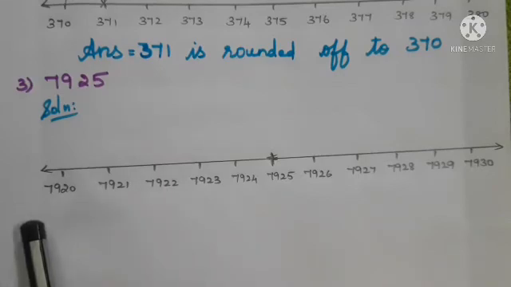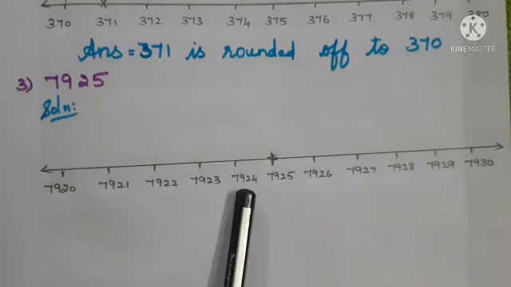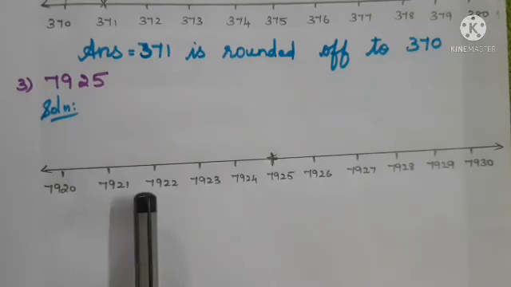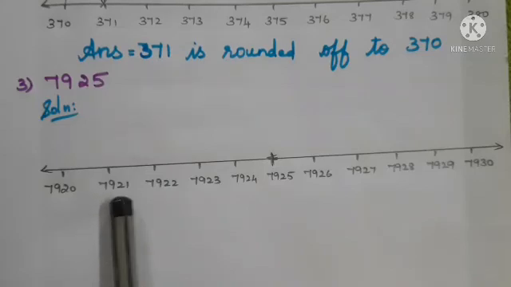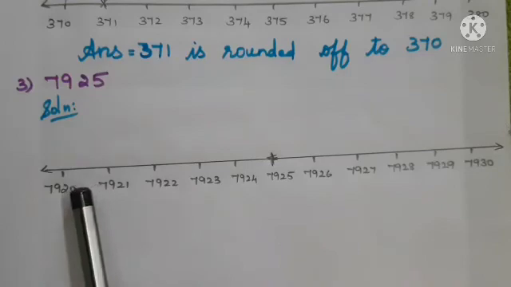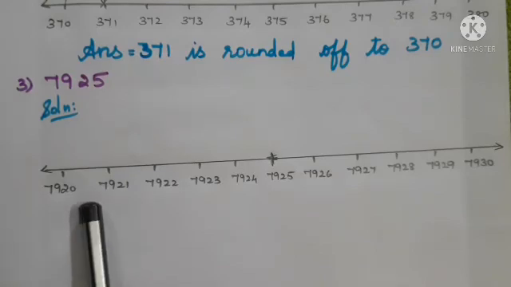So you have to know this. The numbers ending with 1 2 3 4 at the ones place will round off to the before tens place. Listen once again.